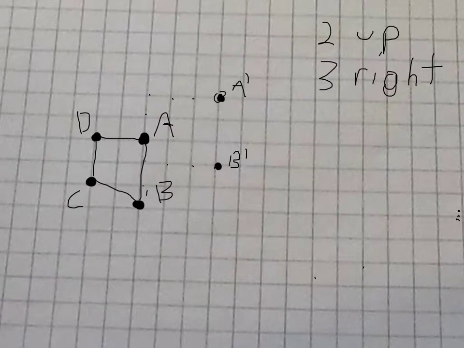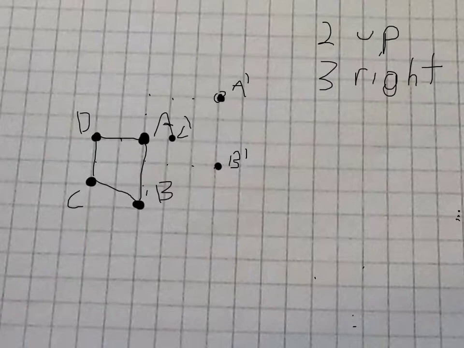With the C point, you go 1, 2, and then 1, 2, 3, and that is your new C point. And so you put the little C with the apostrophe.